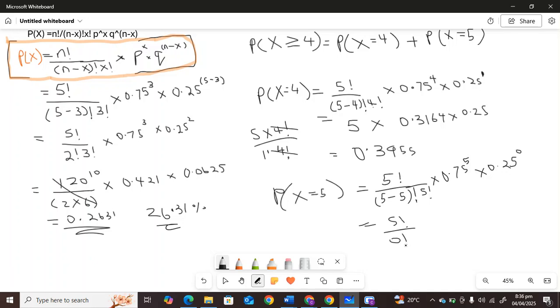Now, colleagues, 0 factorial equals 1, okay? If you type in your calculator 0 factorial, you are going to see your calculator will give you 1. So here, this 0 factorial is 1. This 5 factorial and this 5 factorial cancel each other out.